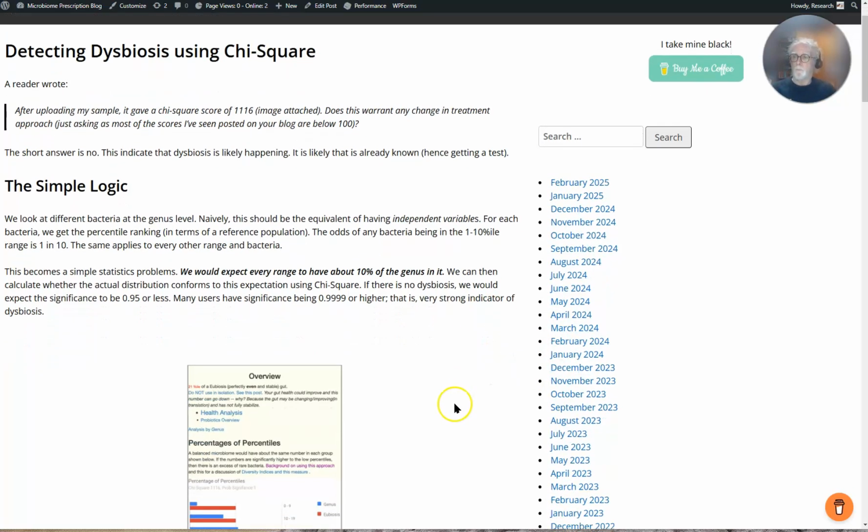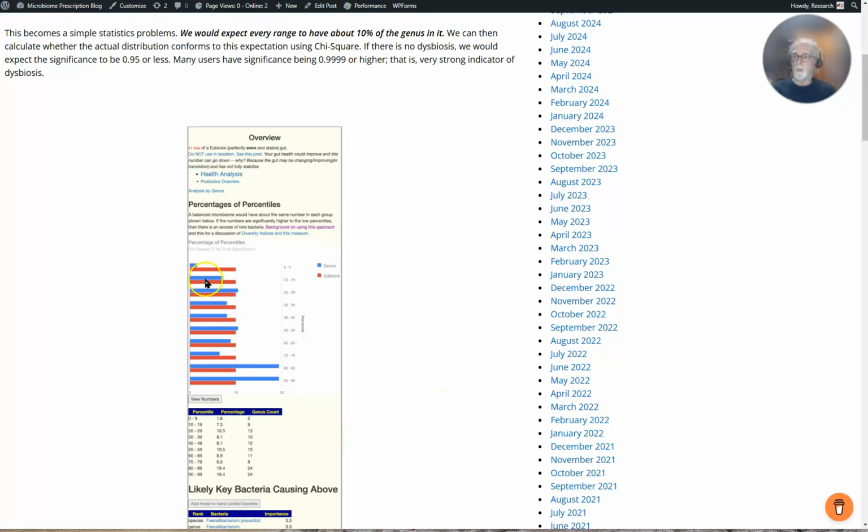So we do expect, here we have the red line being what we would expect as the value, which is 10 all the way down. And you can see that in the 0 to 9 percentile, it is underrepresented. In other words, there's not as many in this percentile range as would be expected, and then we go up and then we bounce back and forth.